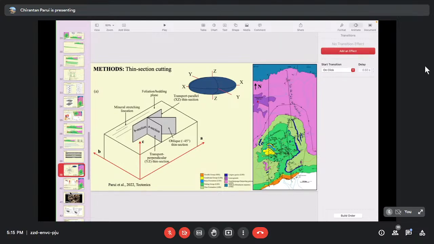Chirantan Chakraborty's work from Professor Malay Mukul's group showed that thickening and thrusting within the Tethyan Himalayan sequence was happening around 35 to 40 million years ago, which buried the Greater Himalayan sequence rocks to a depth subjected to metamorphism.